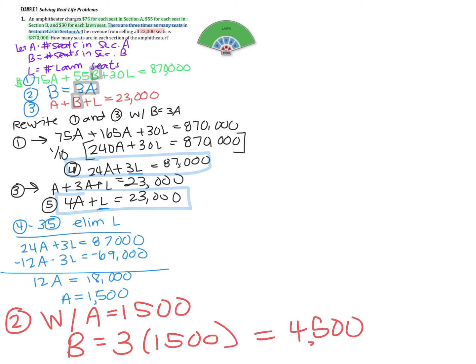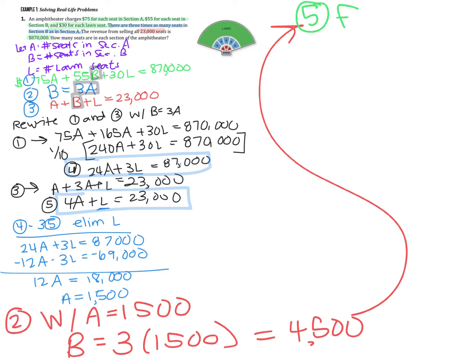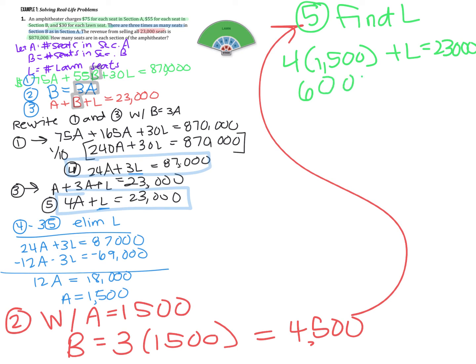4,500. And I can look at any of the equations we've already used to figure out what L is. That's my only missing variable. I like equation 5, so I'm going to look at number 5 to find L. 4 times 1,500 plus L equals 23,000. 4 times 1,500 is 6,000, plus L equals 23,000.